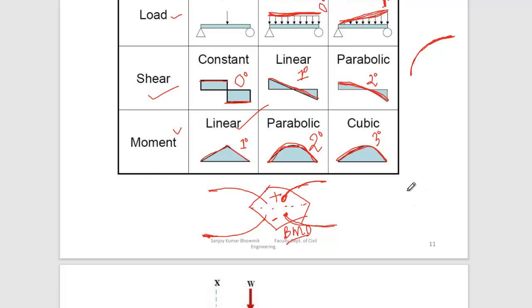Okay, sir. Just opposite is for SFD. Same curve, but opposite for SFD. Just keep it. I'll discuss it later.